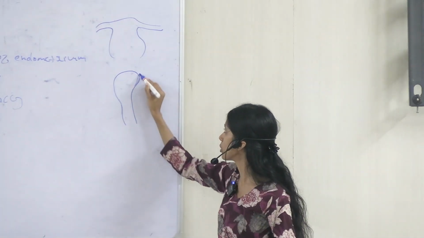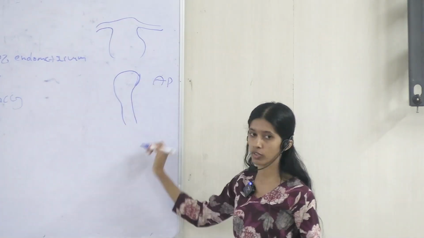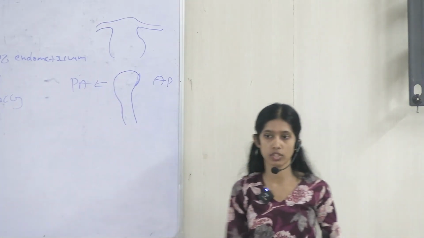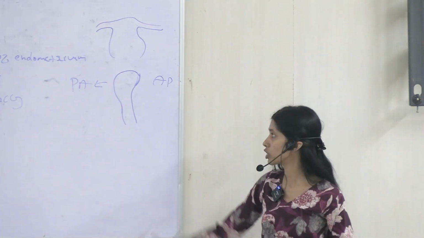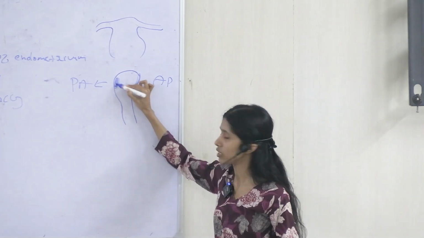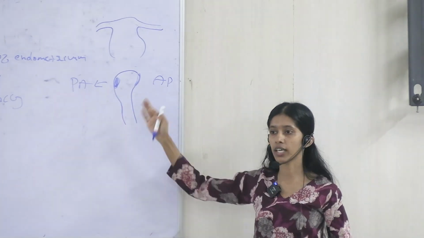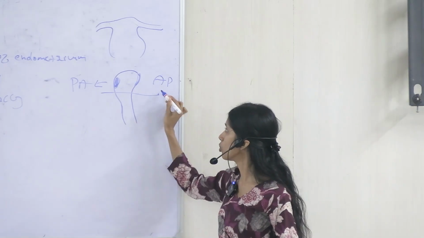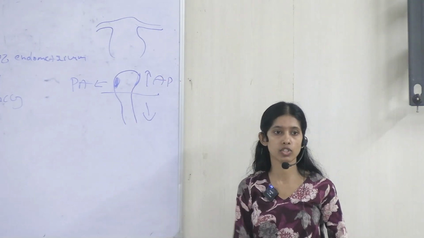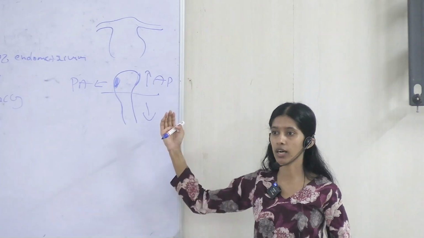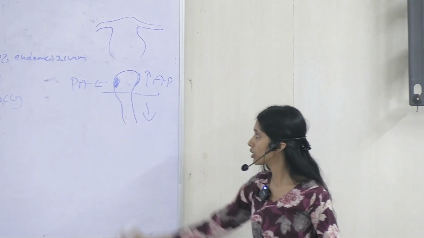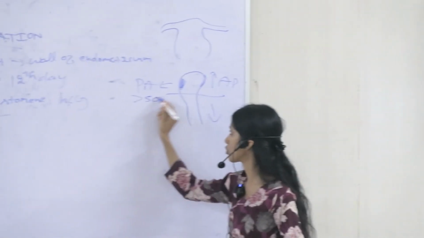The implantation mostly takes place in the posterior wall of the uterus. The uterus is divided into upper half and lower half. Mostly the implantation takes place in the upper half on the posterior wall. The chances here are more than 50%.